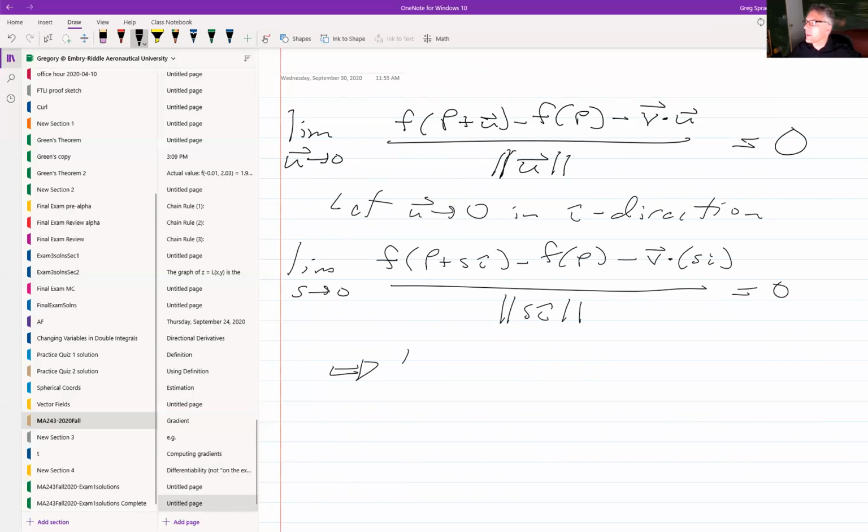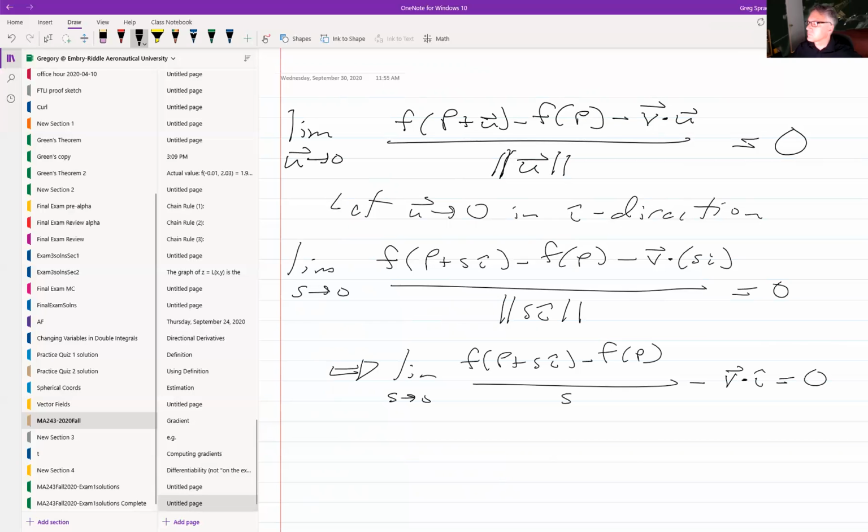Now, if you simplify that, you get the limit as S goes to 0 of f of P plus S i minus f of P, all over S, minus V dot i equals 0.